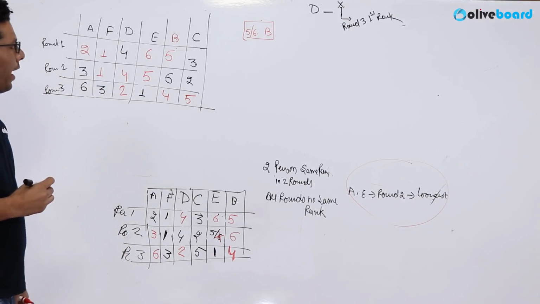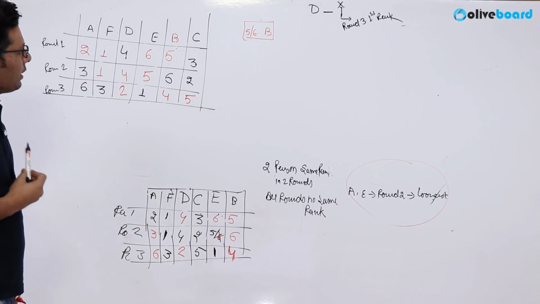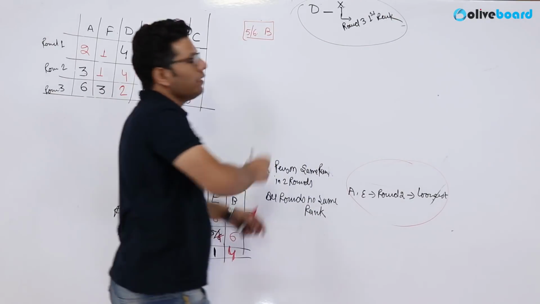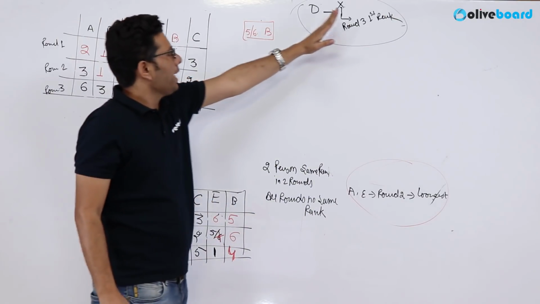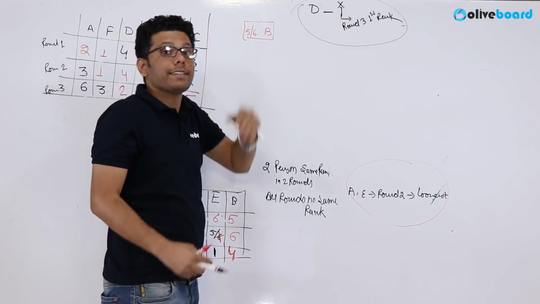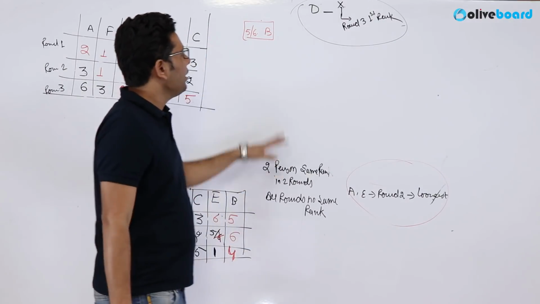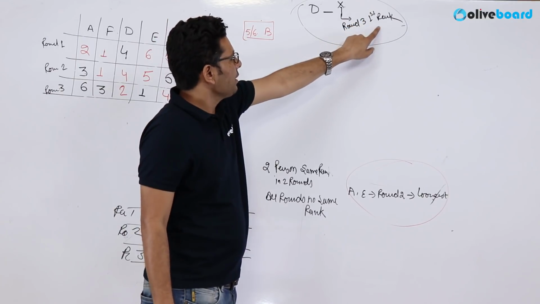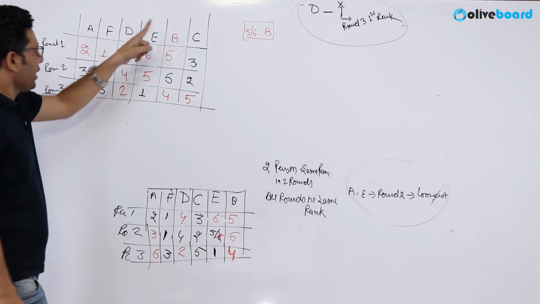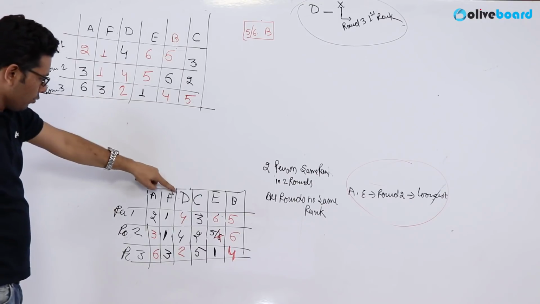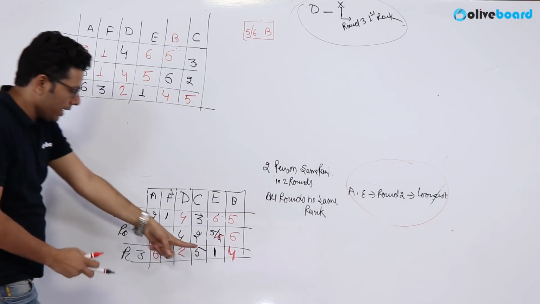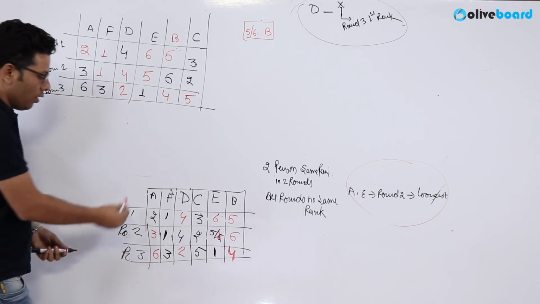Okay, and now almost everything is complete. The point is, the person who is second to the right of D did not get first rank in round 3. Second to the right of D did not get first rank in round number 3, and this one is getting the first rank in round number 3.